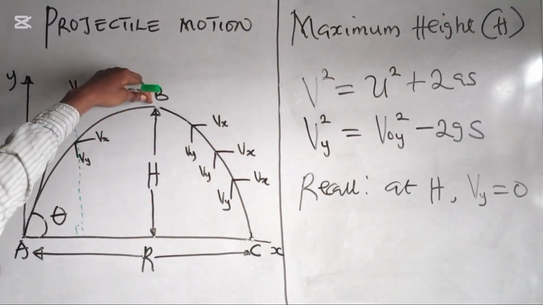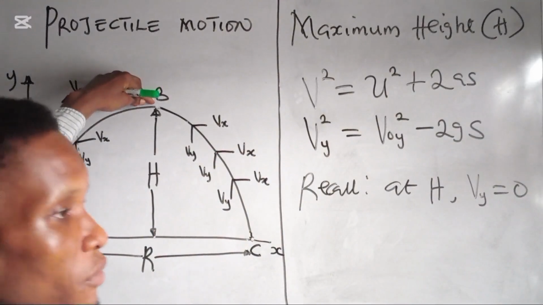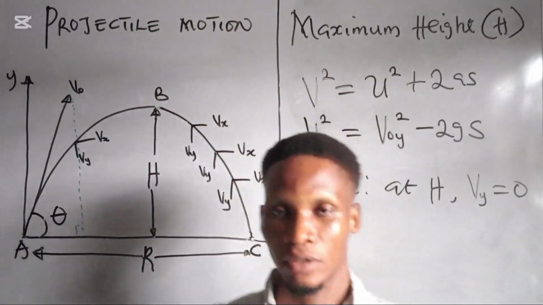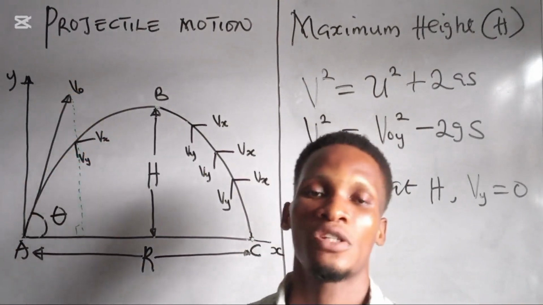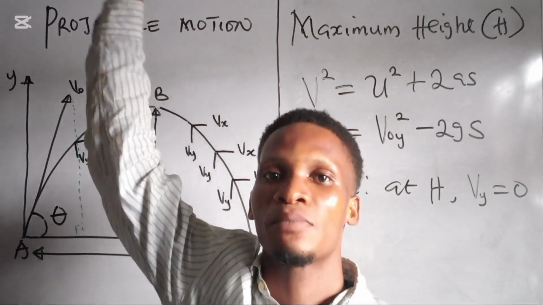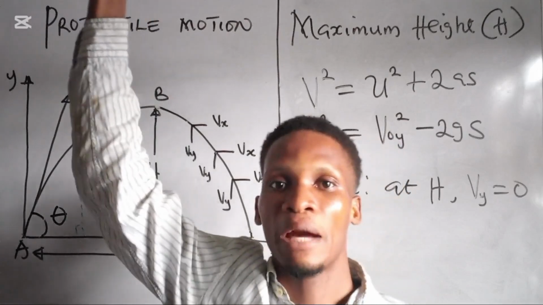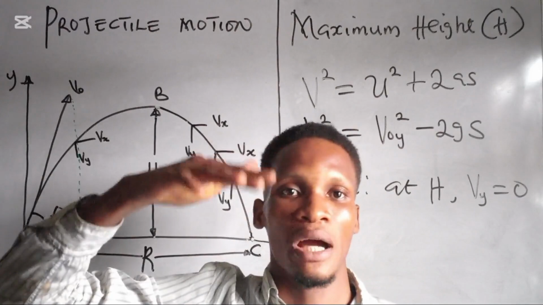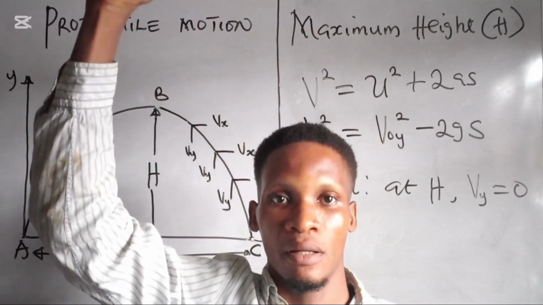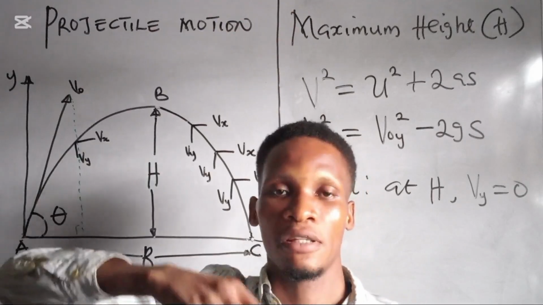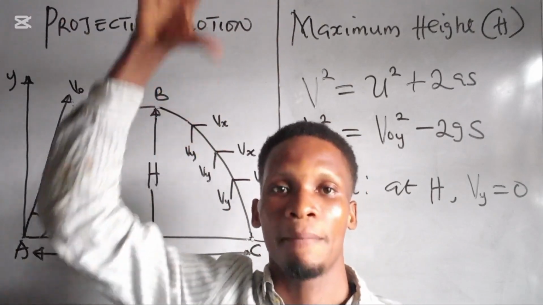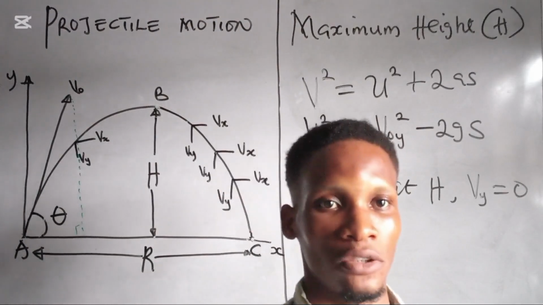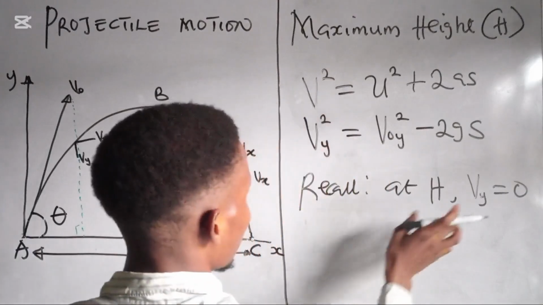The velocity at this particular point is 0. Why? Because when you project your object upward and it moves upward, it reaches a point which is the maximum height where it will not be able to move further again. At that particular point, the velocity becomes 0, and that is why it won't be able to move further. Then the force of gravity starts to act on it that makes it fall to the ground or the point of projection. Okay, so that's what you're going to do.